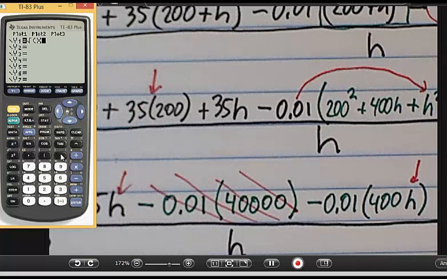I close parentheses. And before I graph, I better change my window. I'm going to press zoom standard. This choice 6 will give me just the standard graph. Hey, there it is. Hey, you know what's weird about the graph? Why isn't there anything on the left side of the screen? You can't take a square root of a negative number. We like to keep it real.